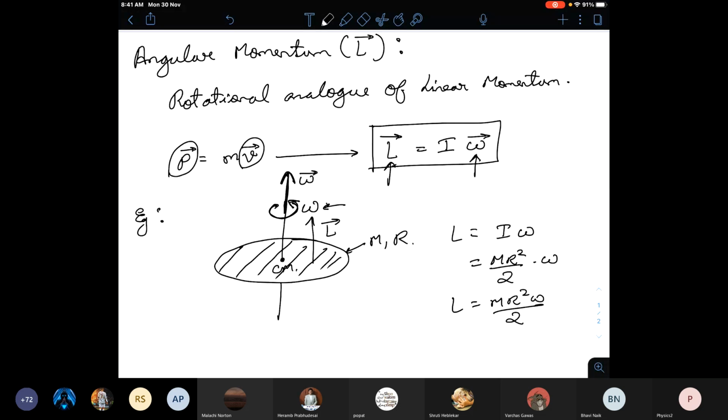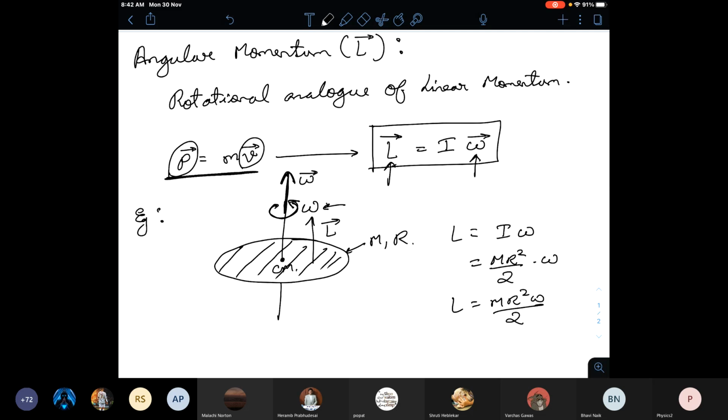In that manner only we are able to compare, to find a relation between linear momentum and angular momentum. So if it is a rotational analog of linear momentum, linear momentum is written as P is equals to m into v, mass into velocity.